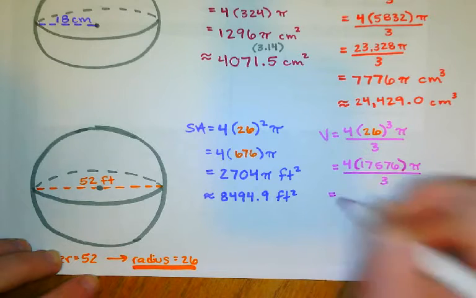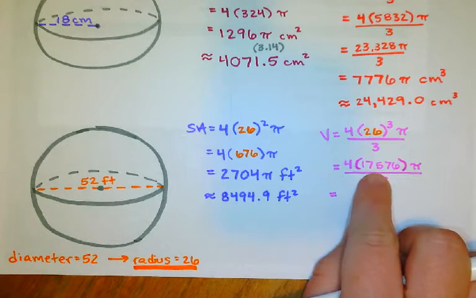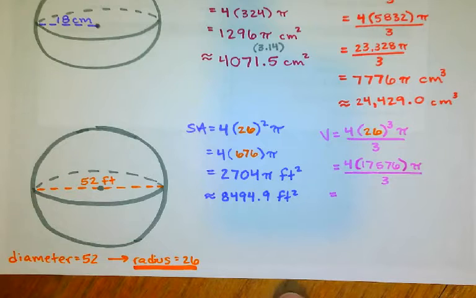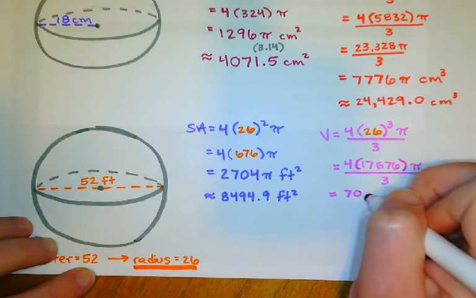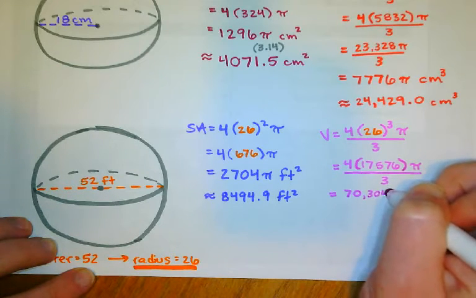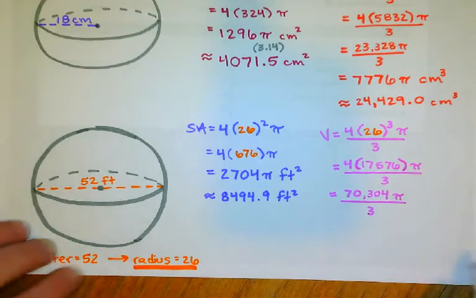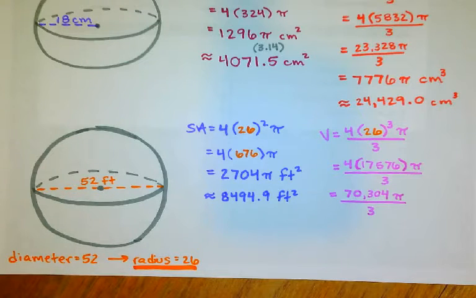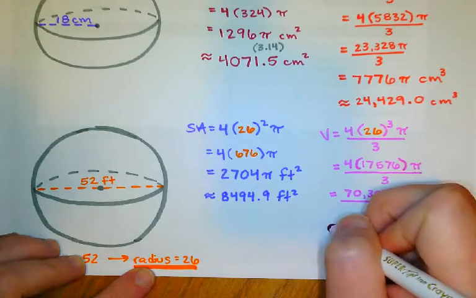Alright? So, now I'm going to take that big 17,576 and multiply it by 4. And I get 70,304. Then we've got our pi divided by 3. So divide this by 3. And here we are going to get a decimal. So we can leave it as a decimal.